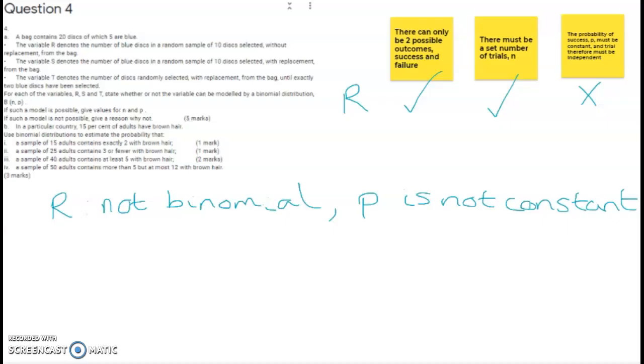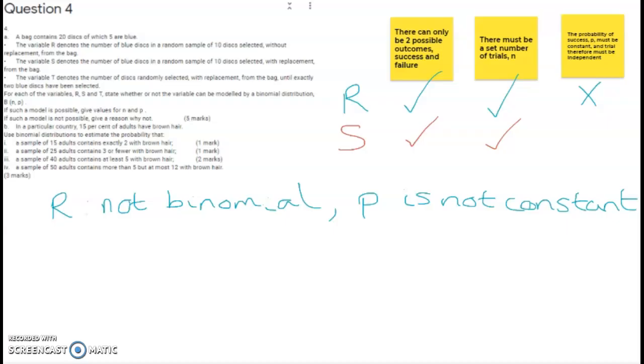Let's take a look at the next variable. The next variable is S. Again, this is looking at the number of blue discs, so there are 2 possible outcomes, blue or not blue, success or failure. Again, it tells me I'm going to do this 10 times. So there is a set number of trials. And this time it is with replacement.